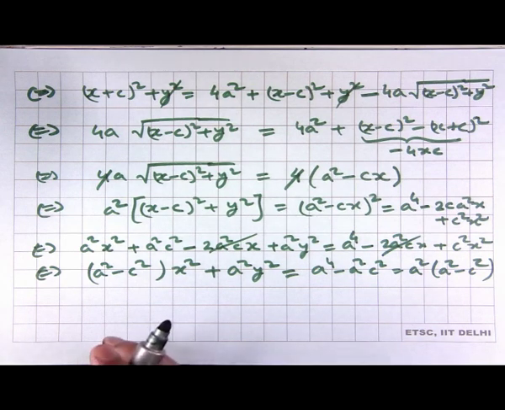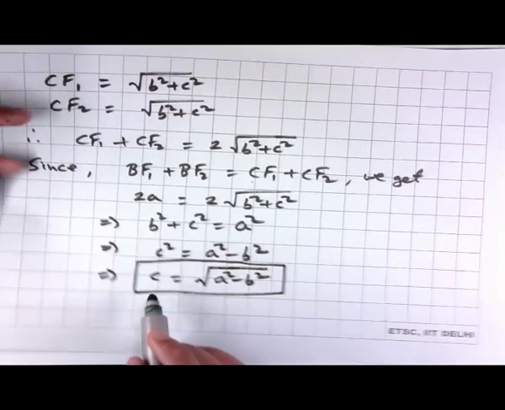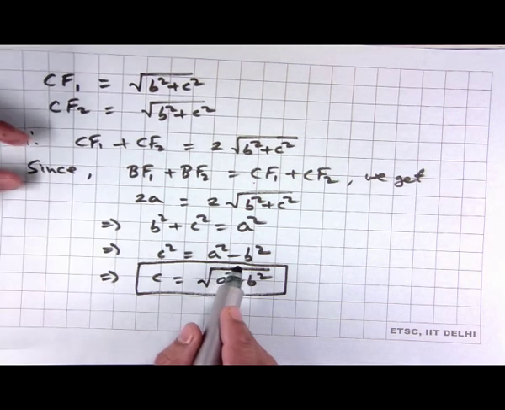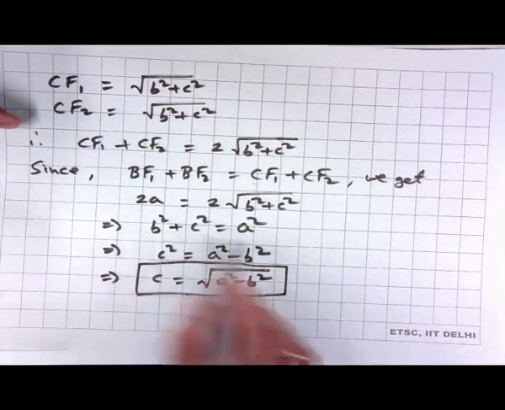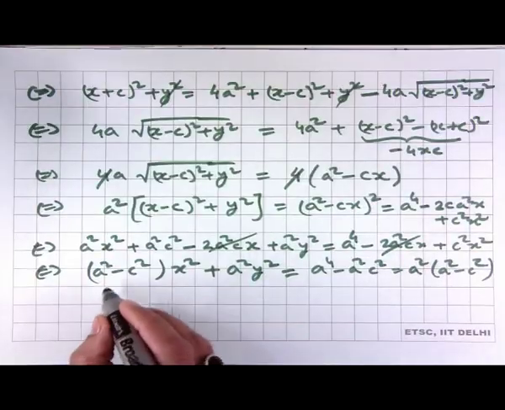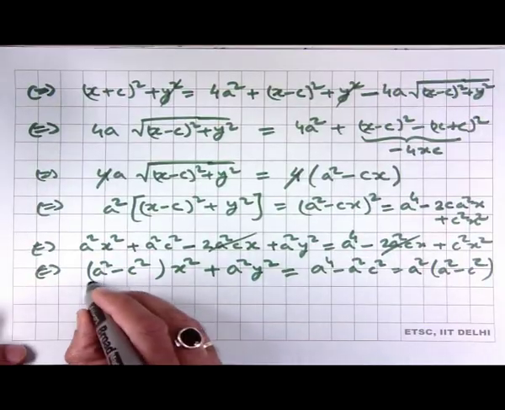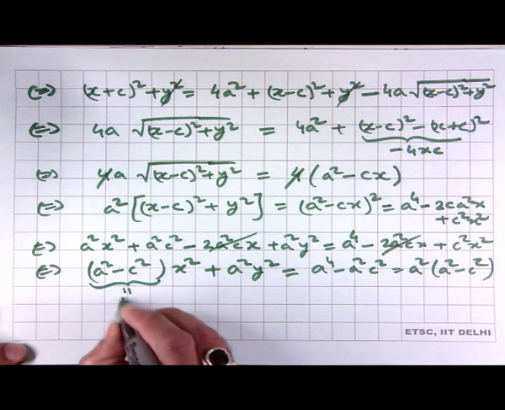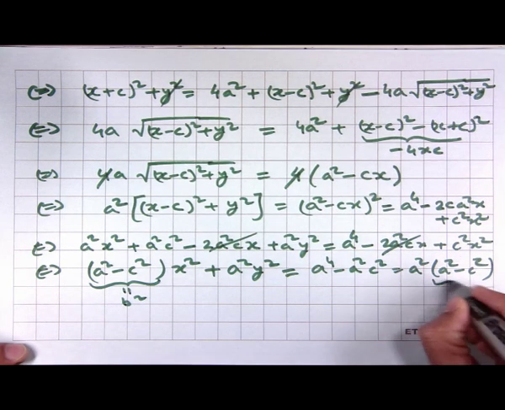But we have seen the relation between a, b and c, which was c square is a square minus b square, or a square minus c square will be b square. So, we will write a square minus c square as b square.